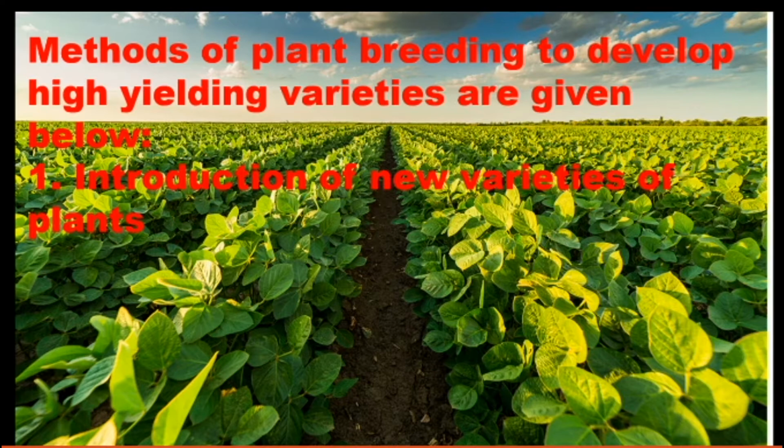It is very important for us to select the new variety which has resistance to the environment. So this is the first method which helps plant breeding to develop high yield varieties.